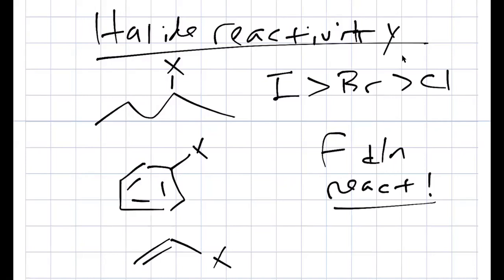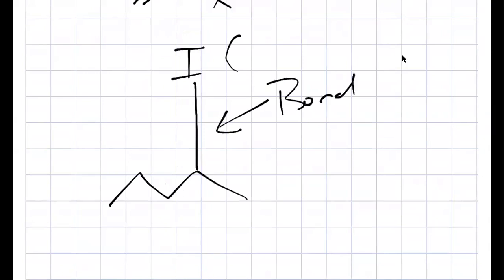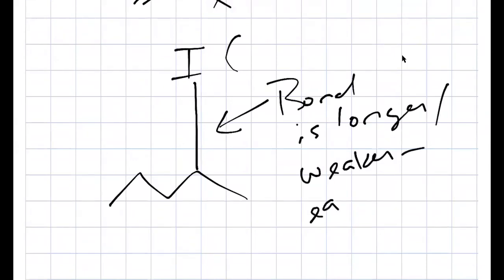Right? The reason is because iodine is larger. So iodine is bigger. Let me just illustrate that. I'll come back to that in a second. So if I had an iodine here, the bond here, because iodine is larger, the bond is longer and weaker, and it's easier to break.